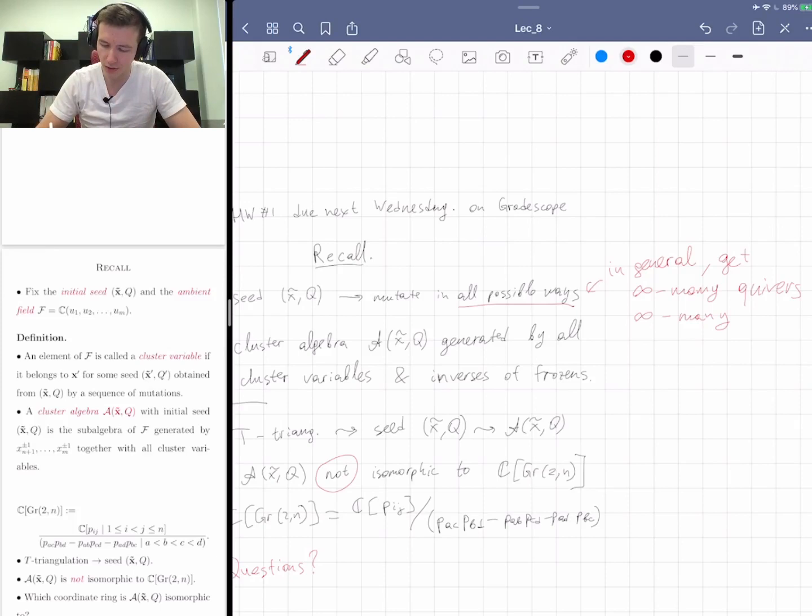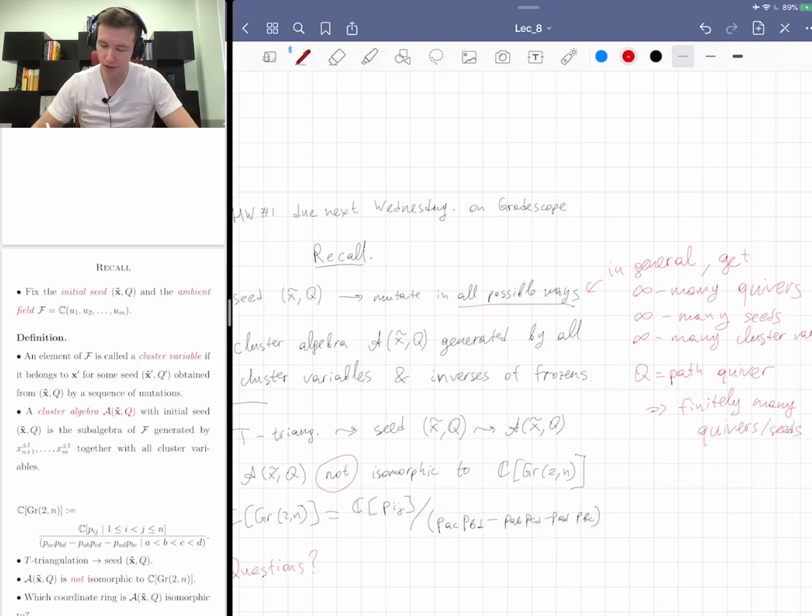So you get infinitely many quivers and infinitely many seeds and infinitely many cluster variables. But when Q is a path quiver, then you get finitely many of all those things. So finitely many quivers and seeds and etc.